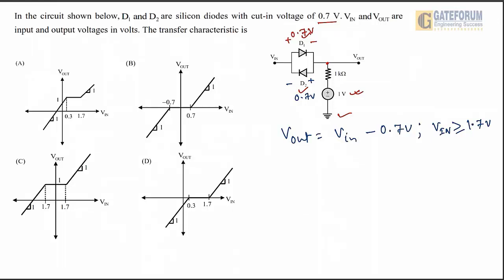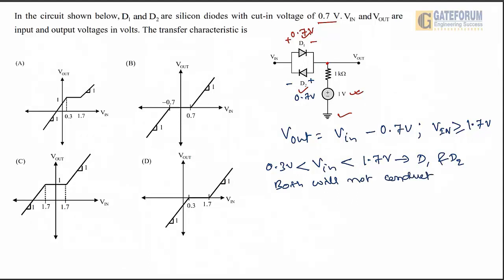If the input voltage is lesser than 0.3 volt, then only D2 diode will start to conduct. It means if V input is greater than 0.3 volt and lesser than 1.7 volt, then in this case D1 and D2 both will not conduct.